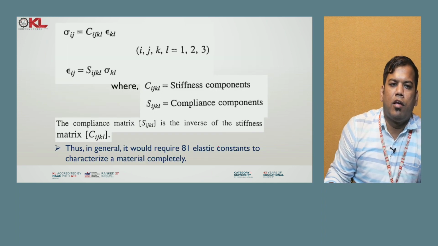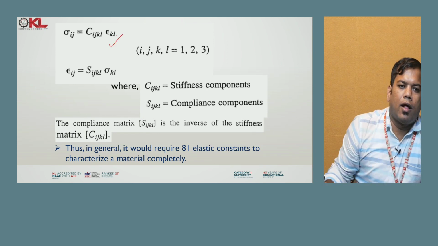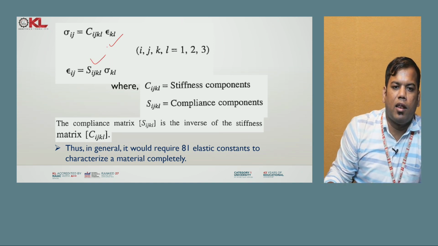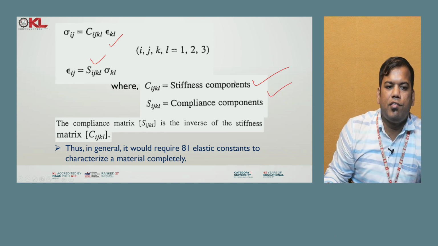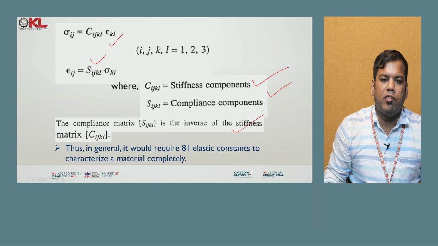As you see, sigma ij is nothing but Cijkl into epsilon kl, or epsilon ij equal to Sijkl into sigma kl. This C matrix is the stiffness component and the S matrix is the compliance component. So we can clearly see the compliance matrix is the inverse of the stiffness matrix.